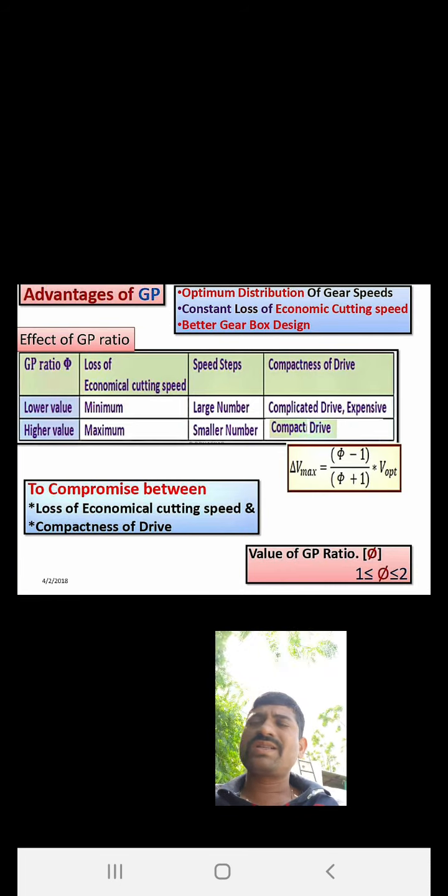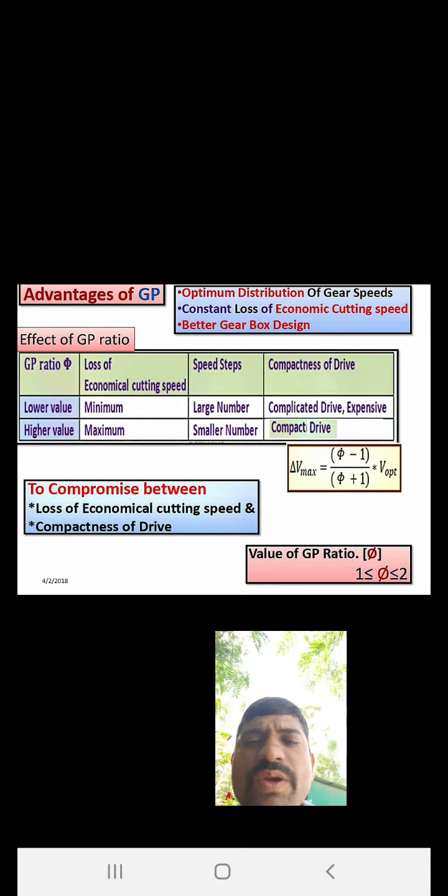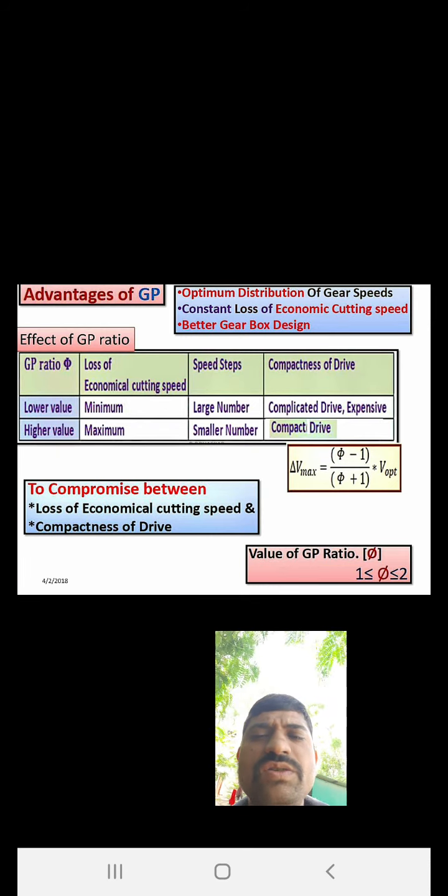See the effect of the geometric progression ratio: GP ratio phi, loss of economic cutting speed, then speed steps and compactness of drive.